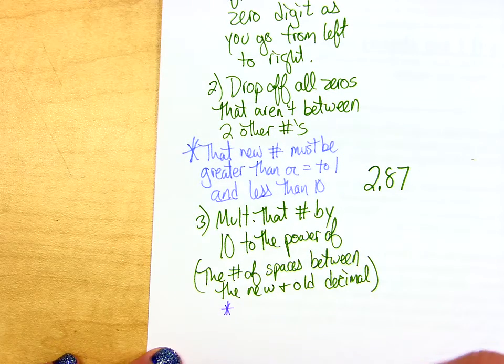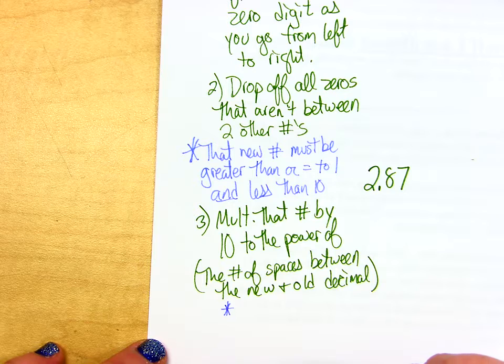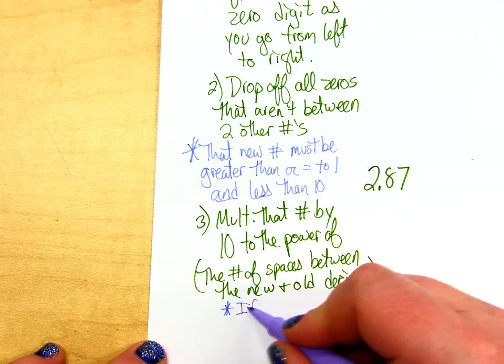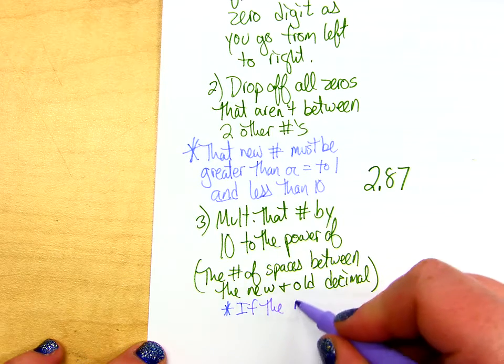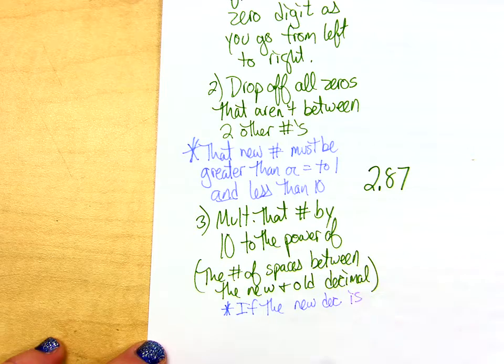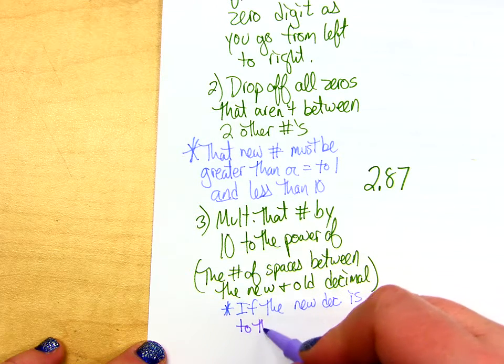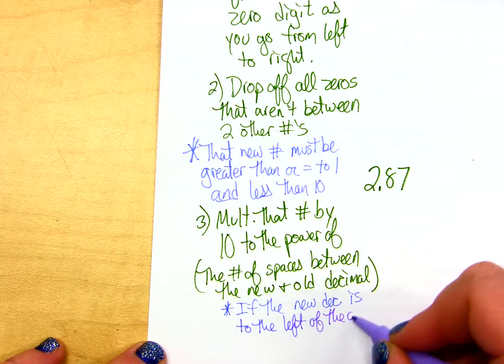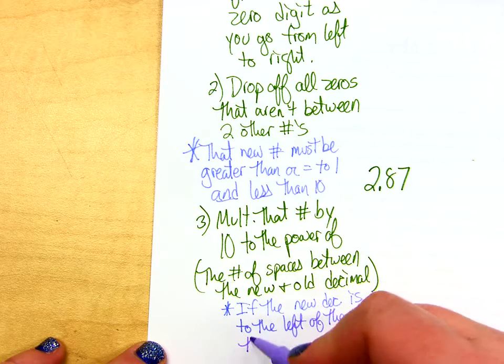Is it going to be 2.87 times 10 to the ninth? For us, yes. 9? Correct. If the new decimal is to the left of the old, there is no old decimal.